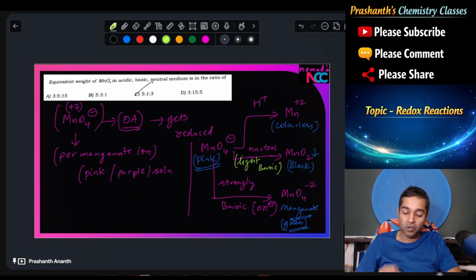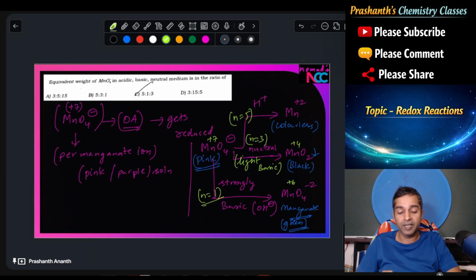So in each of these cases, let's get the oxidation numbers out now. Manganese is in +4 here and in +6 here. So the N factor in acidic medium is 5. In the neutral or mildly basic medium, it is +7 to +4, meaning N factor is 3. And in the last case, it is +7 to +6, meaning N factor in this case is 1.